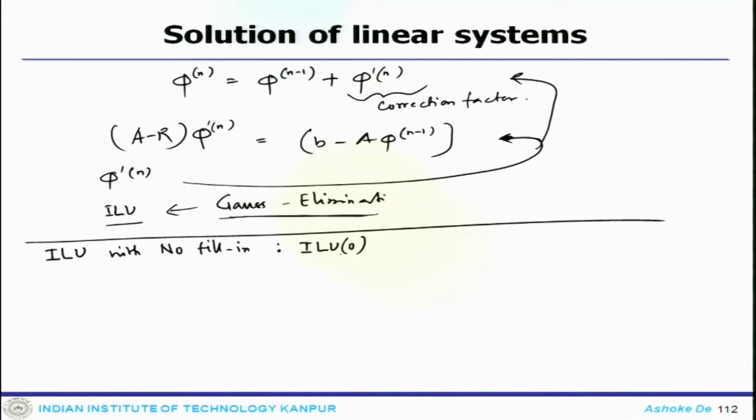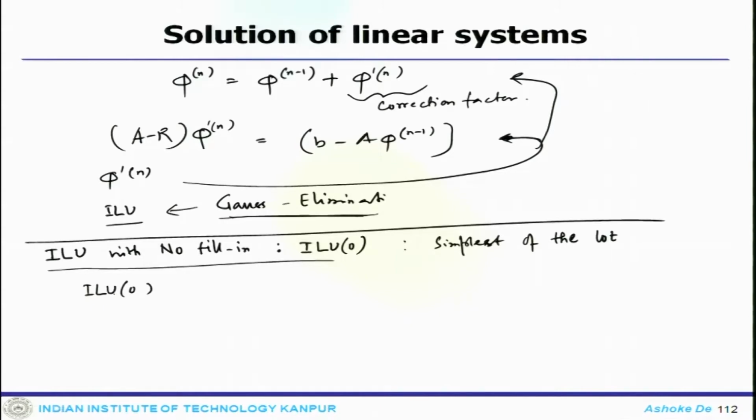This is a typical terminology used to denote the incomplete LU factorization with 0 fill or no fill. So, there are different variations of the ILU factorizations which exist in the literature. Again, this is the simplest of the lot. So, what happens in ILU 0?